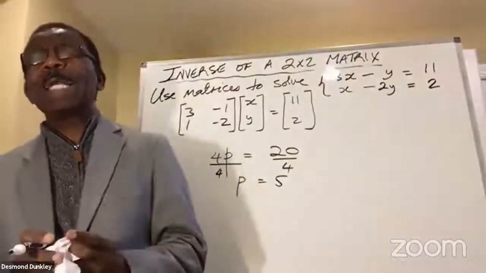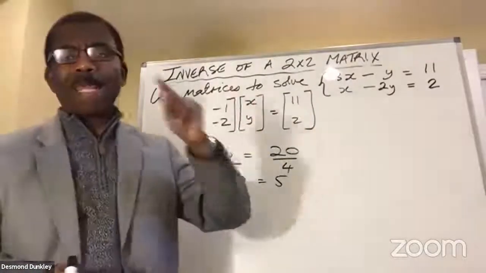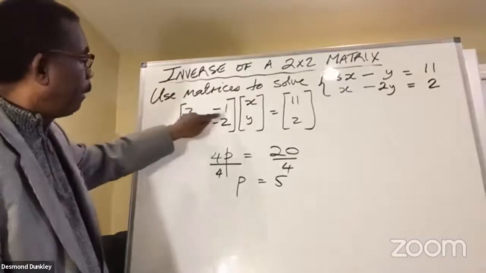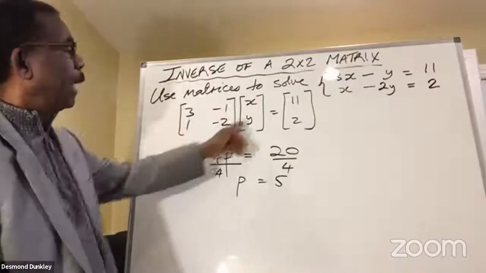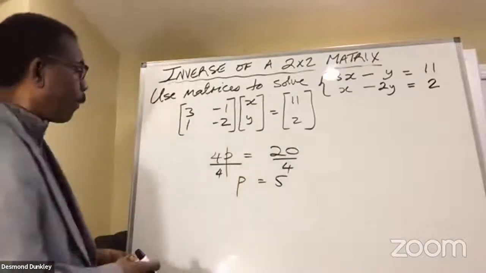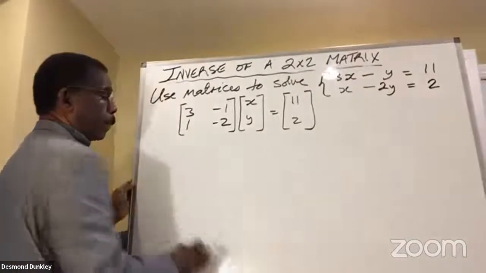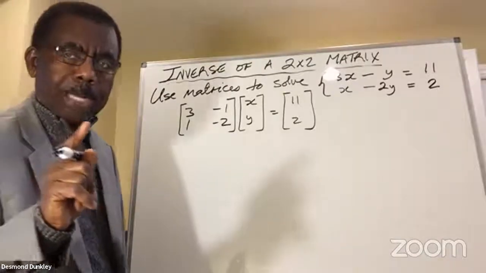The way you do that is you multiply both sides by the inverse of this matrix. By multiplying by the inverse of this matrix, we get rid of this and we end up with x, y by itself. So let's go for it. Let me show you what I'm saying.